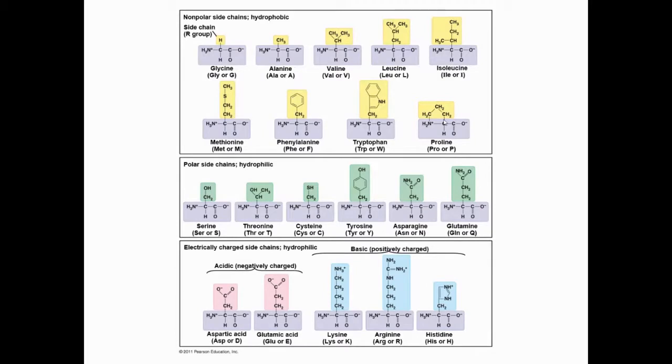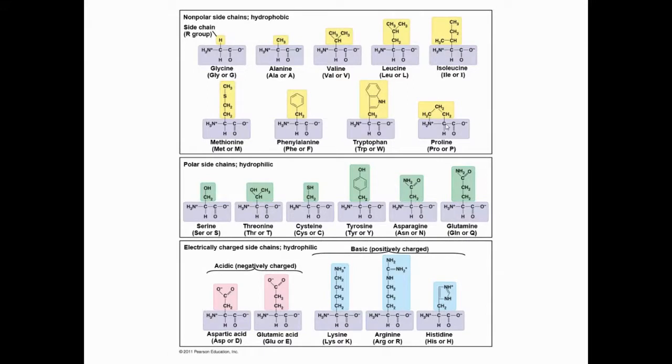Therefore, the amino group of the proline is a secondary amine, and proline is often called an imino acid, because this nitrogen atom is bound by these 2 carbon atoms.